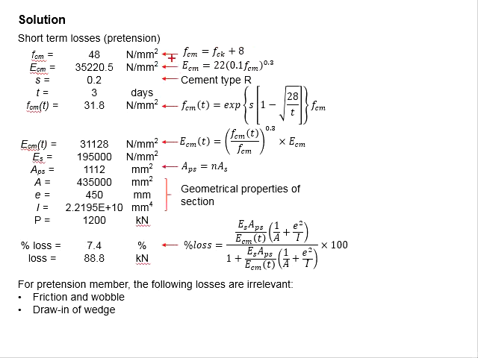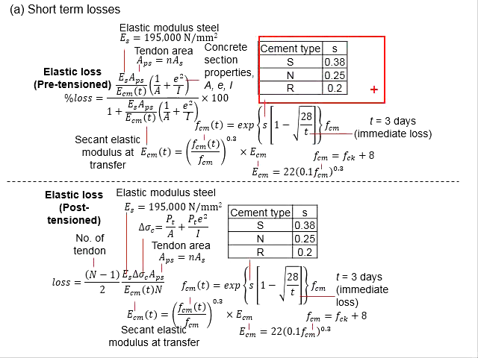Next, we determine the Ecm based on this formula. Substitute 48 into the equation, you get Ecm here. The s here will need to refer to a table as given here. Cement type R is being used, therefore s is equal to 0.2.